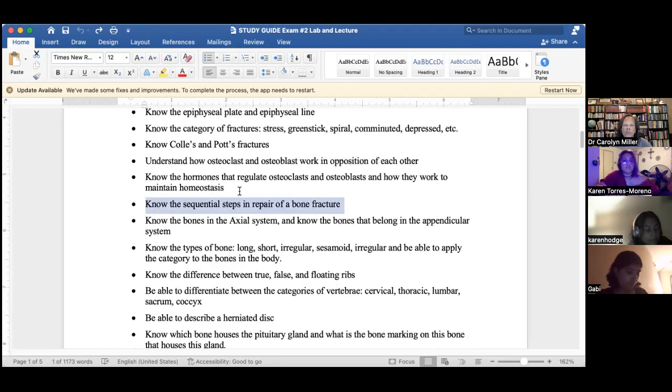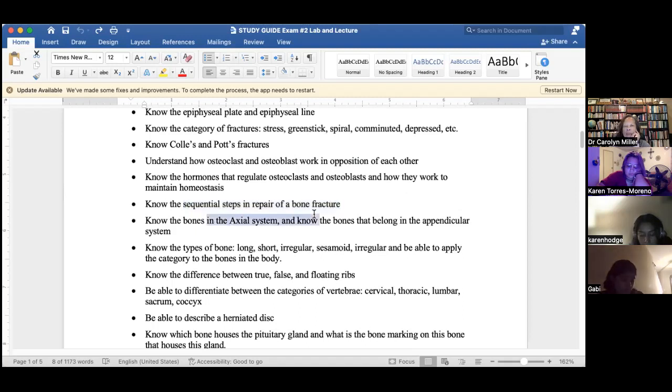Know the sequential steps in repair of a bone fracture. We said you're going to get a hematoma. Then you get fibrocartilaginous callus. Then you get a bony callus, then bone. So remember the hematoma at the beginning and the bone at the end. It's these two steps that you'll need to put in sequential order. And the bony callus will be right before the bone.